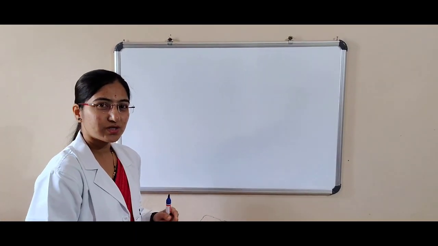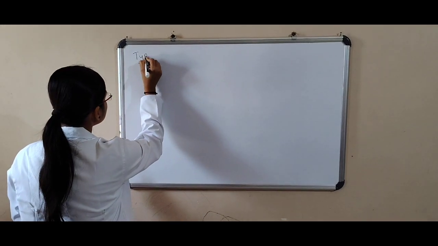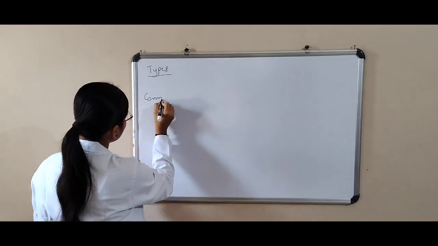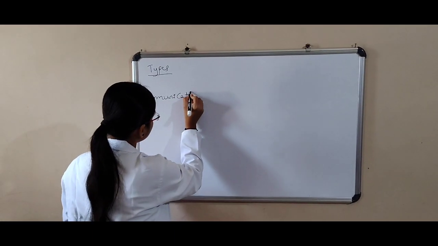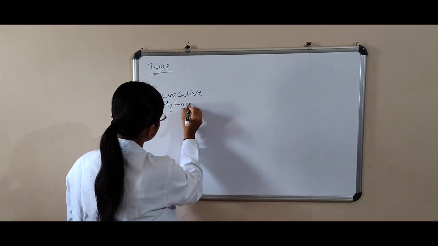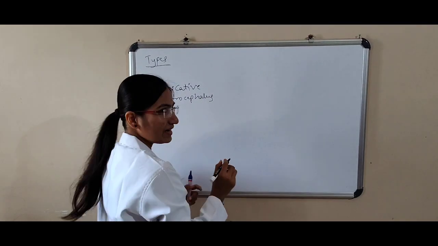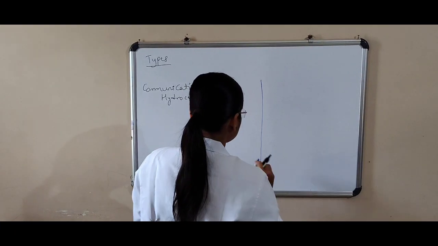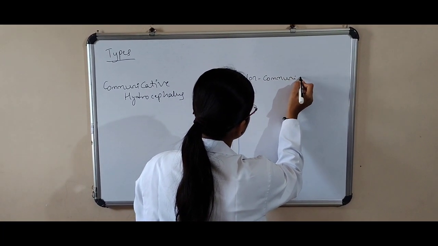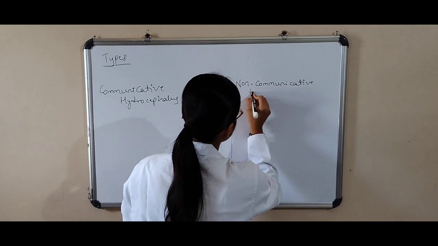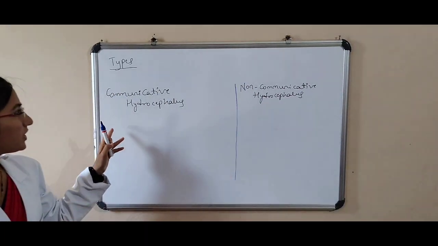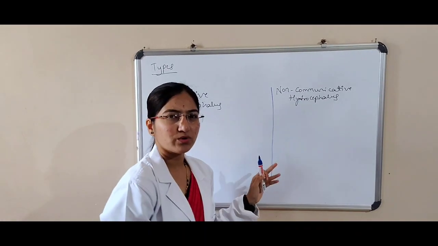Next we will see the types of hydrocephalus. Here there are two types. One is communicative hydrocephalus and another one is non-communicative hydrocephalus.